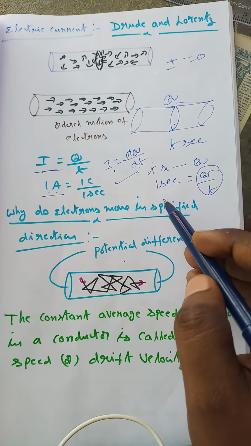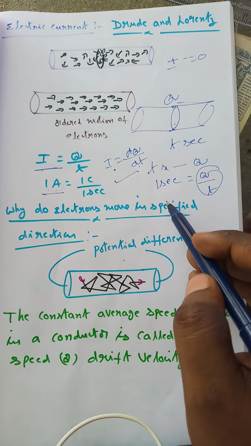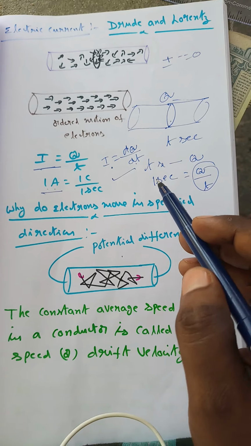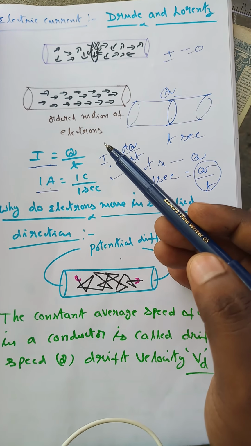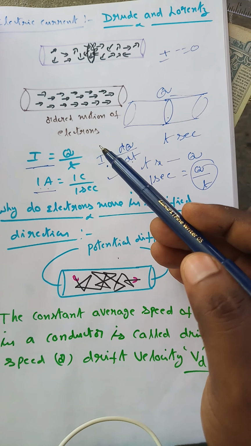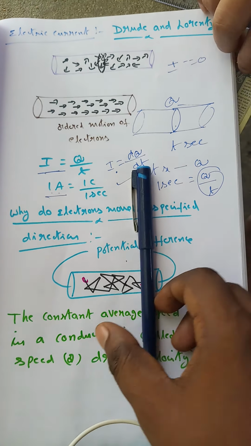So this is the reason why the electrons are moving in a specified direction.